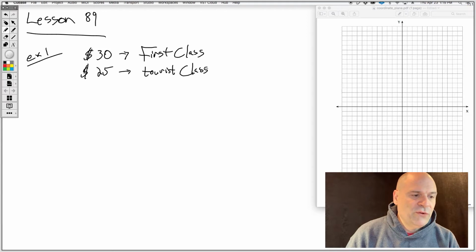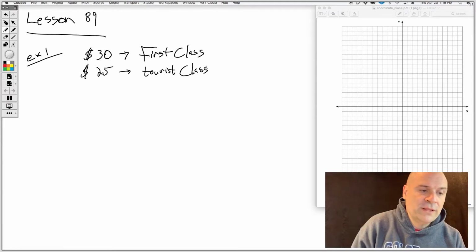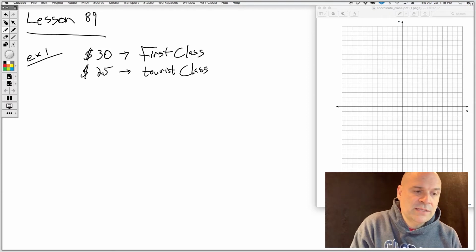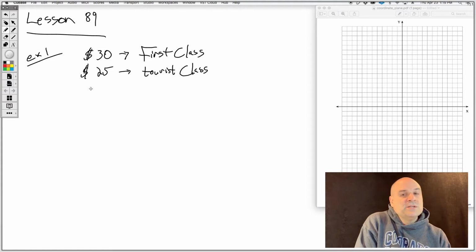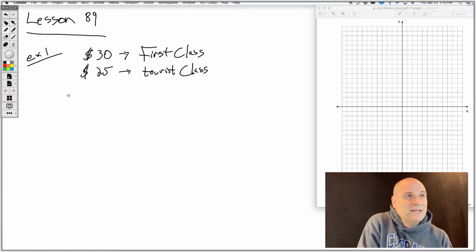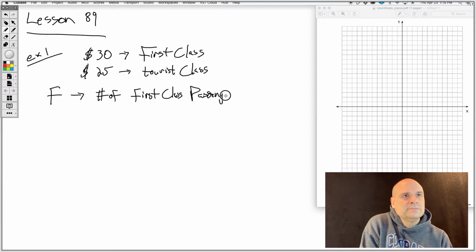If a flight had 52 passengers who paid a total of $1,360, how many first class passengers were on the trip? Okay, so we're going to do two equations. We're going to do a quantity equation. Let's say that F stands for number of first class passengers, and T stands for number of tourist class.